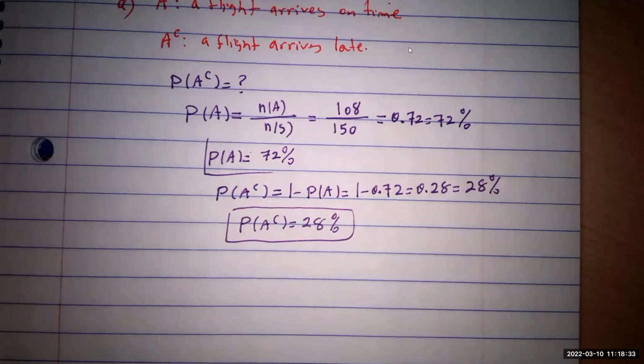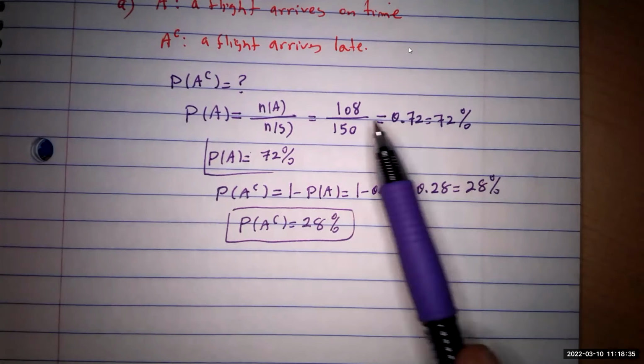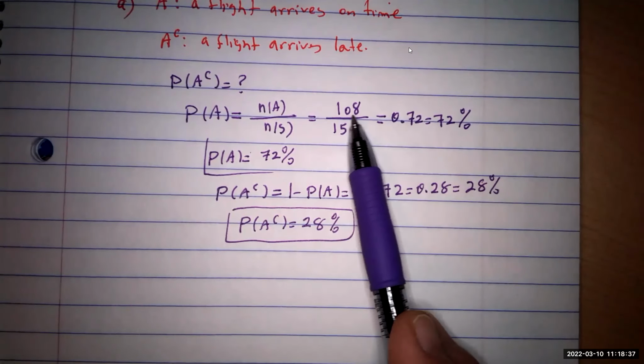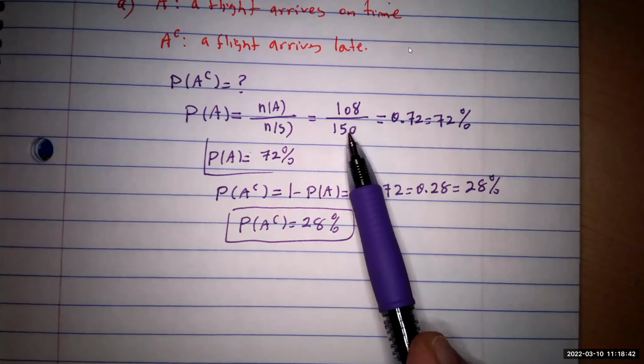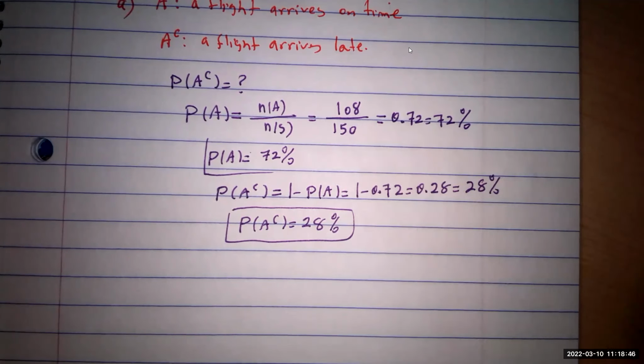Of course, there is another way to do it. This is 108, the number that arrived on time. If you subtract it out of 150, that gives 42. So 42 flights arrive late. So 42 out of 150 right away, which is the same thing: 28%.